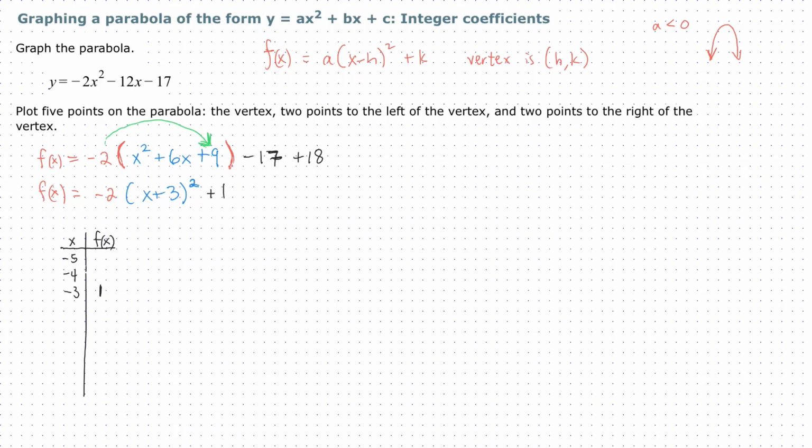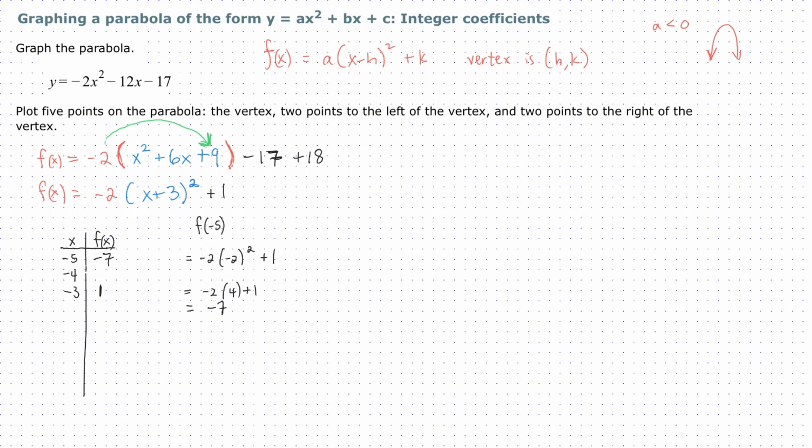Let's find f of negative 5. F of negative 5 is negative 2 times negative 2 quantity squared plus 1. Remember, do order of operations. Do exponents first. So that's negative 2 times 4 plus 1. So that is negative 7. So we have negative 5, negative 7.